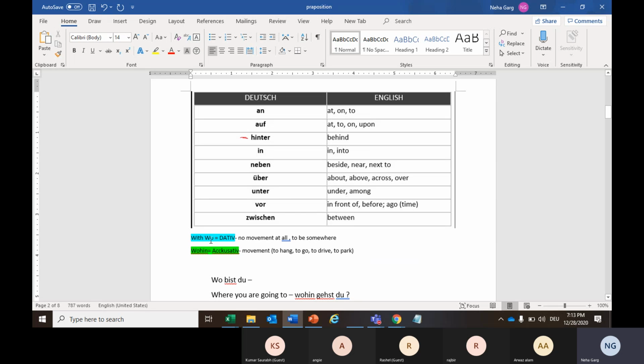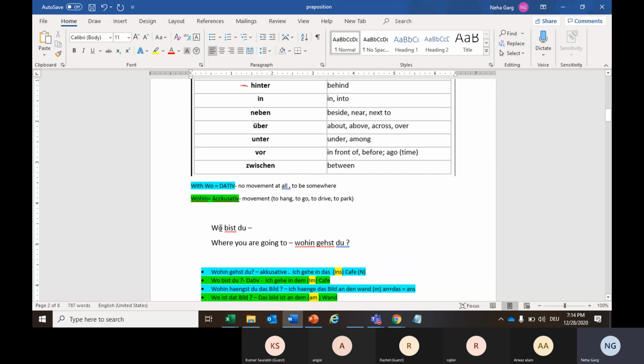I'm just repeating, where there is a question of wo bist du, where are you, when there is no movement at all, then we use these prepositions as a dative case. But where there is a question of wohin and there is any movement, then we use these prepositions as accusative.